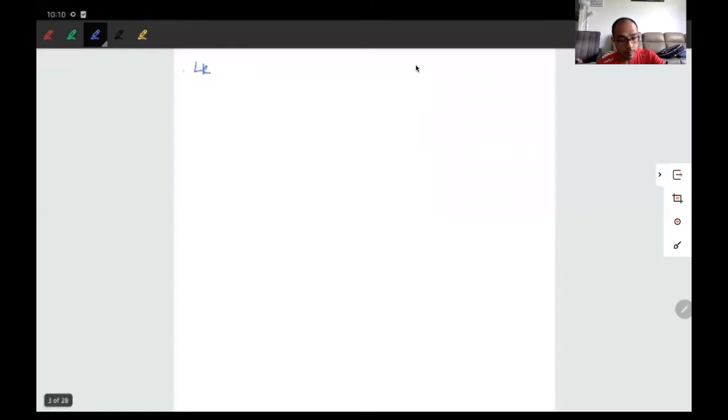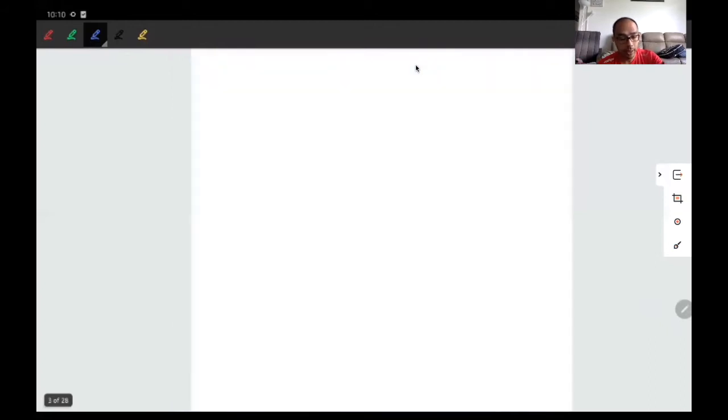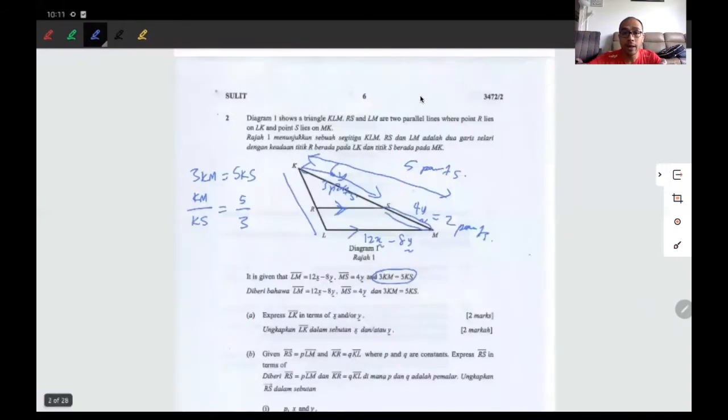We will get LK equals, let's see, L to M and M to K. So you'll get LM plus MK. We are given LM equals 12x minus 8y.